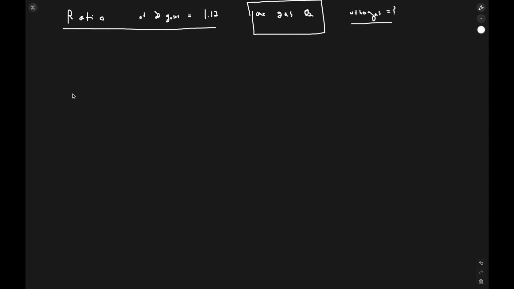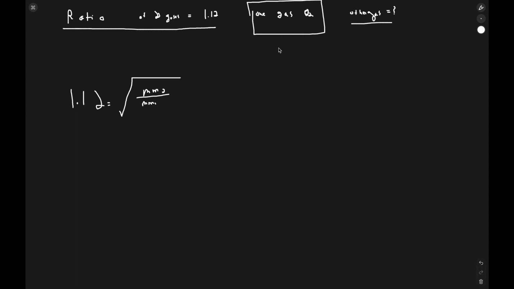So we know that the ratio equals the inverse molar mass square root. So what that means is that 1.12 equals the square root of the molar mass of the second gas divided by the molar mass of the first gas.